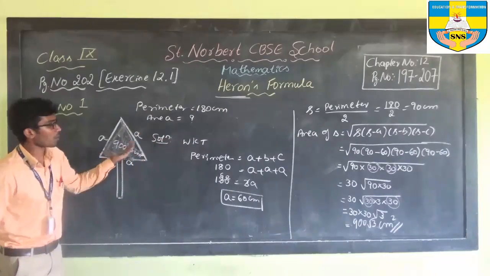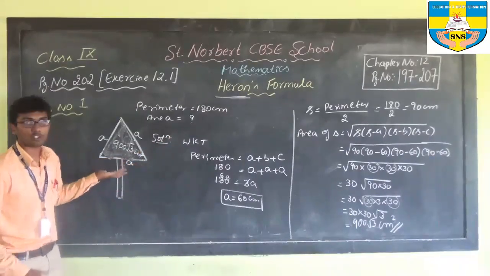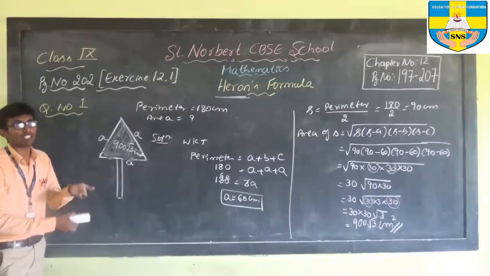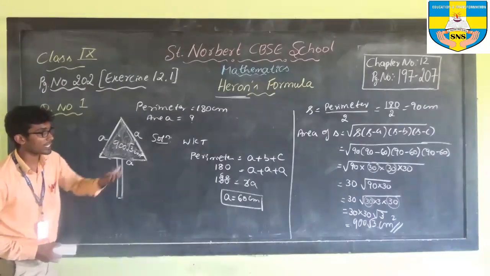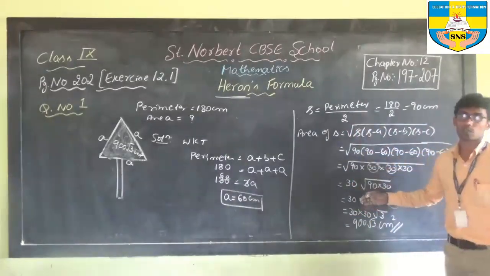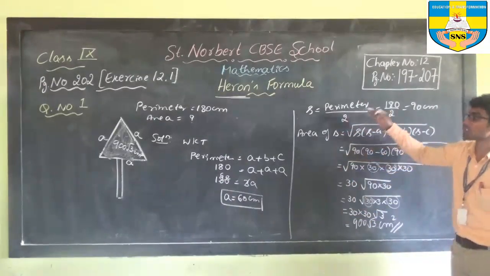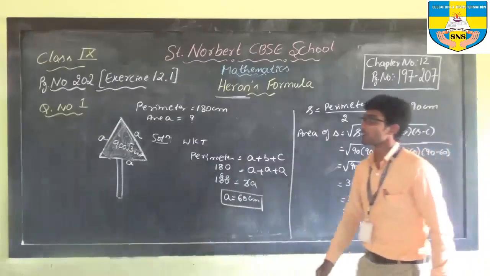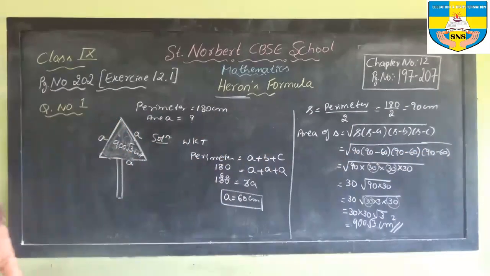I solved this problem by using Heron's formula, where even though you don't know the height of the triangle, we did not use half into base into height, still we can calculate the area of the triangle by using Heron's formula. Pause the video and copy this in your classwork, then I will move to question number 2 of Heron's formula.